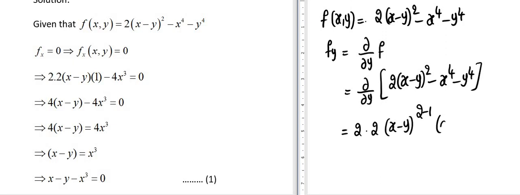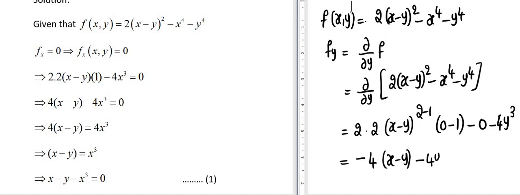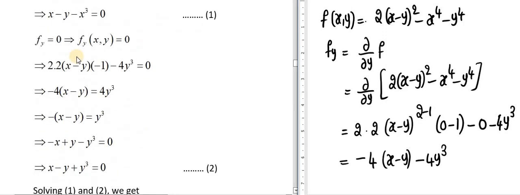For x 0. For y minus 1. Minus 0, why 0? Because we are doing with respect to y. 4 into y cube. Simplify. Minus 4 x minus y minus 4 y cube. This is the value of Fy.